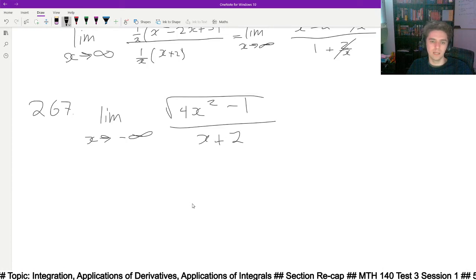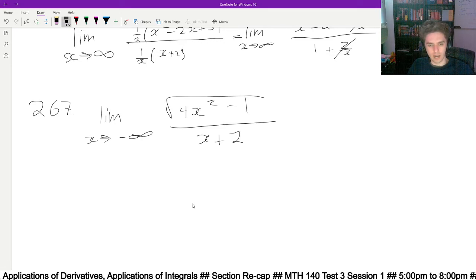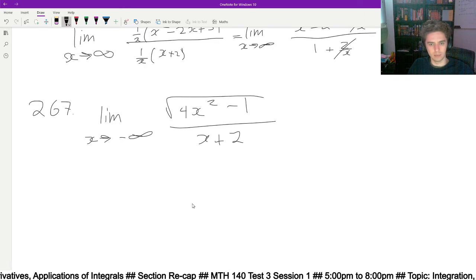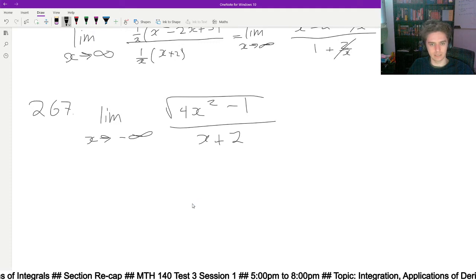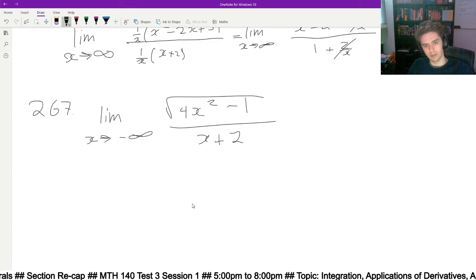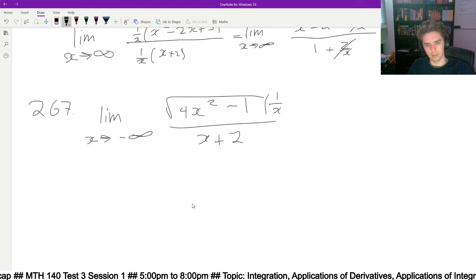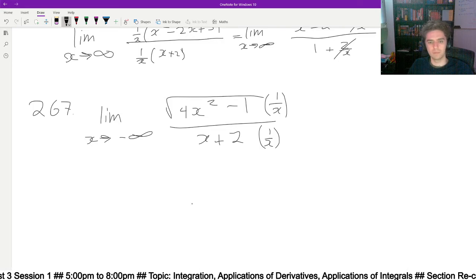For this one, we also divide the top and bottom by the highest power of x that we have in both of them. Since it's kind of like x and root x, the highest power we actually have is x, right? So we can divide both of them by x. I mean, multiply both of them by 1 over x. By both of them, I mean the top and the bottom.